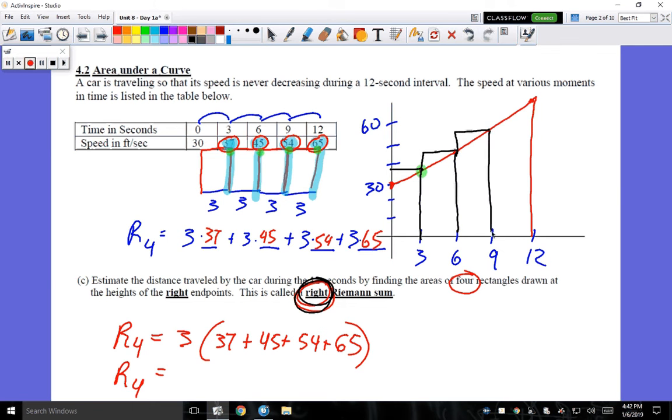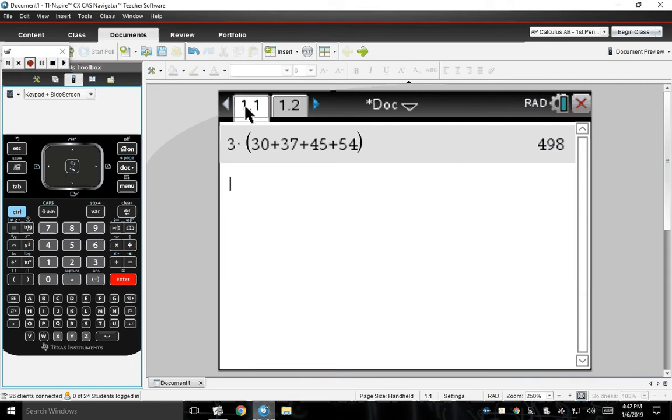So from the right tips of each of these rectangles, the right upper corner, if you will, this one is going to match with 45, this one's going to match with 54, and finally this one's going to match with 65. Okay, so you would write, let's go ahead and put this into our calculator real quick.